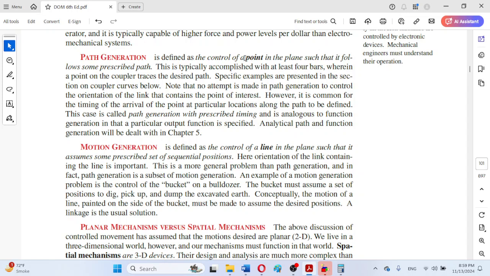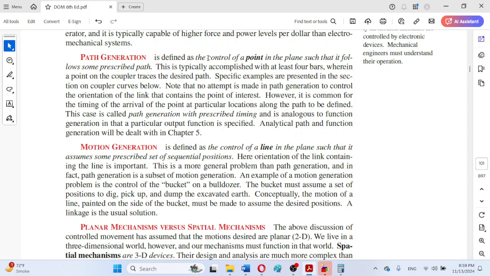For example, if we want to create some elliptical shape or some important engineering curve, we can define the location of the point on the coupler link, because the coupler link is in complex motion. That point describes the required path, so that is called the path generation process.